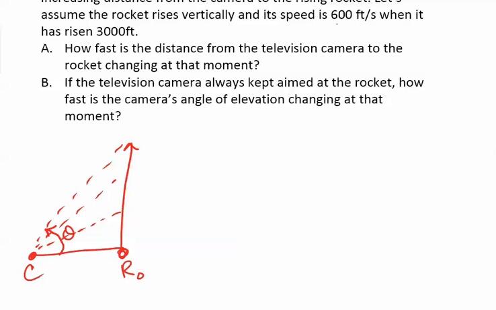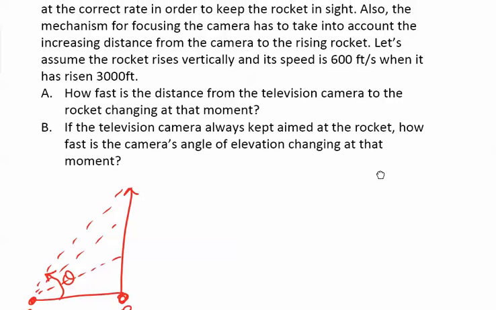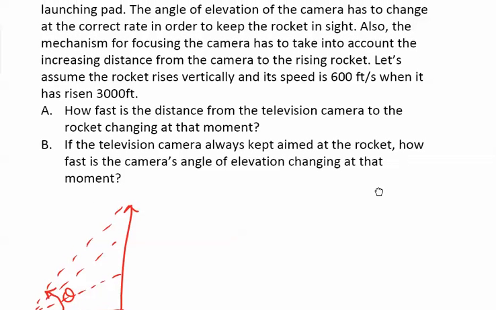And we are told that the speed of the rocket is 600 feet per second. So if we use h for the height of the rocket, we are given the dh/dt. The dh/dt is the speed the rocket is rising.